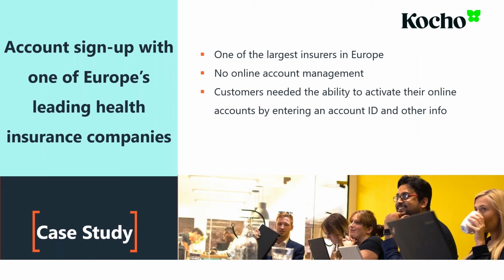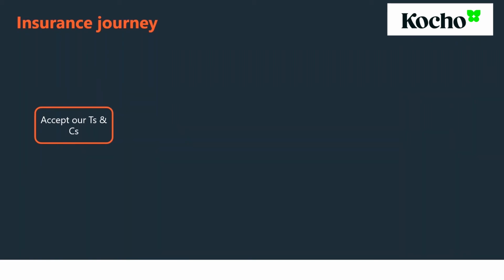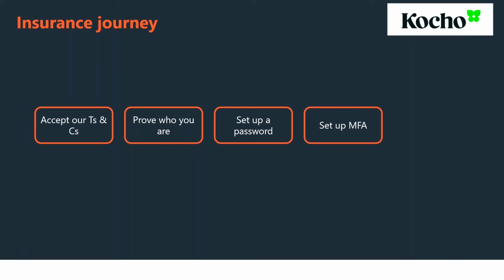But they wanted existing customers to be able to sign in and see their stuff straight away. So they wanted a way of identifying existing customers through the sign-up journey. First of all, they wanted the new user to accept their terms and conditions, then to prove who they were, so they can connect them with their account, then to set up username, password, and MFA, and finally they would sign in and see their documents.